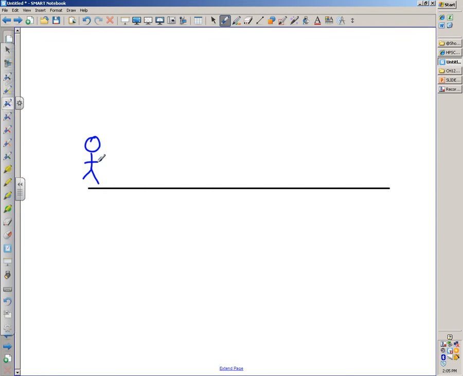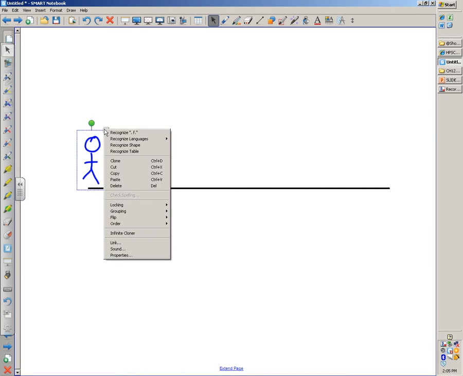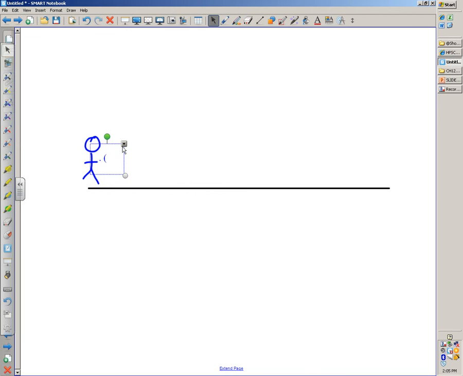Here's a guy, and here's another guy, and here's another guy, and here's another guy. Let's say that they're going to run a race, and this guy starts 10 meters in front of this guy, and then the last guy starts 10 meters in front of that guy.